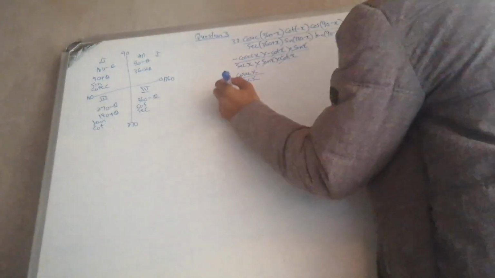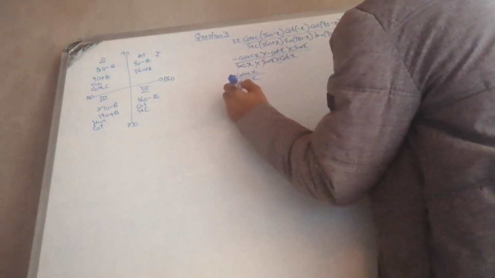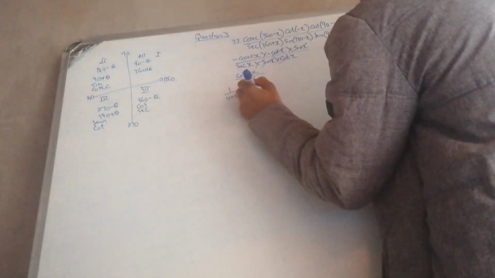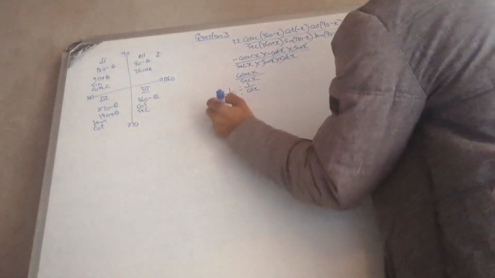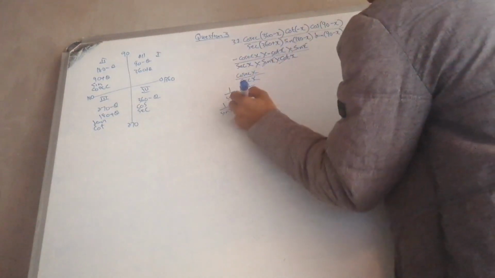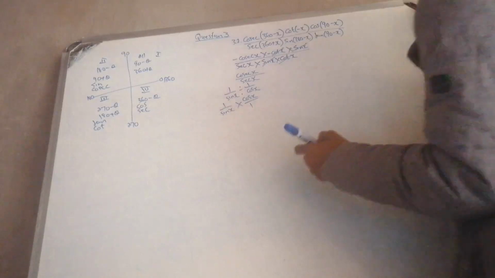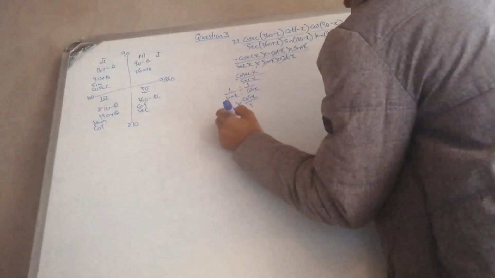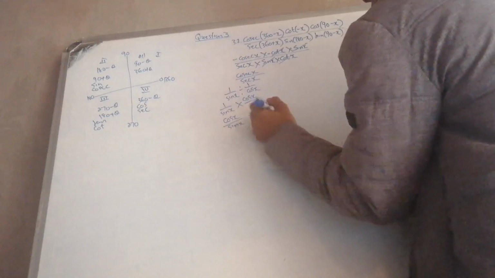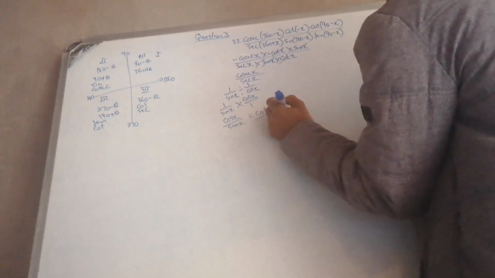And I know that cosec is 1 over sine. So this is 1 over sine x, that is divided by sec, and I know that sec is 1 over cos. And I have my 1 over sine x, change division to multiplication, you will take the reciprocal, and you have cos x over sine x, which is cot x.